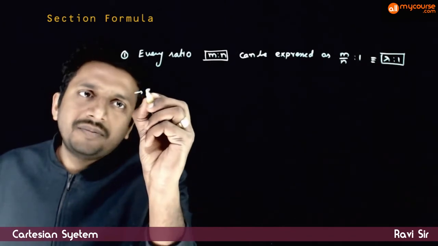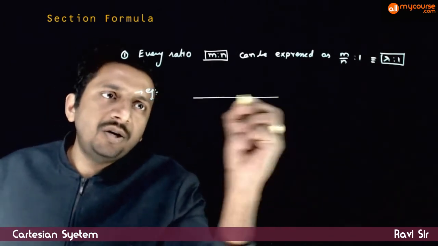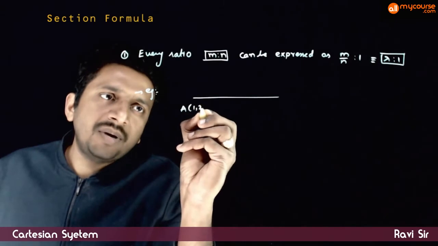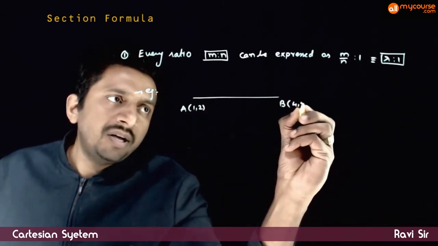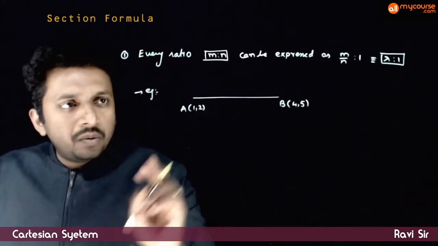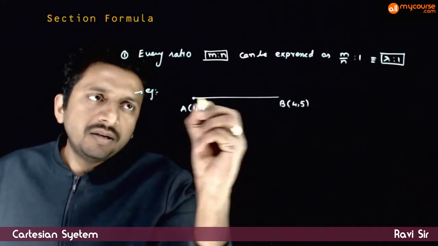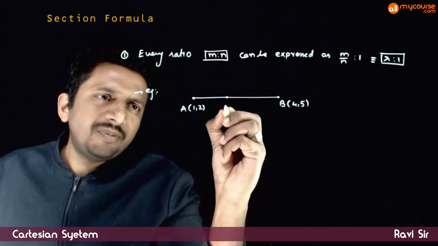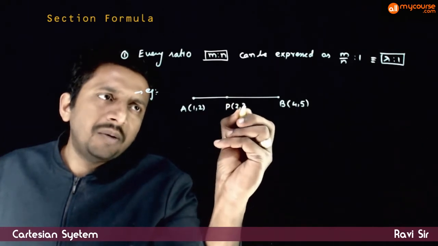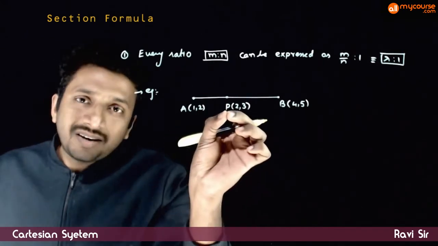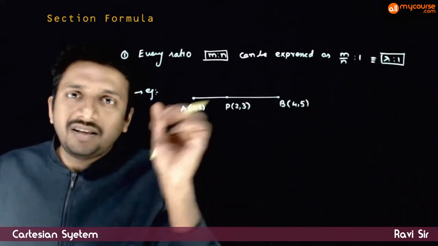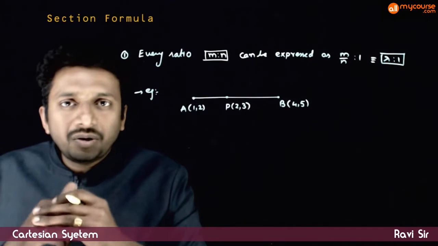For example, assume that you are given 2 points A (1, 2) and B (4, 5). Let us say that P is the point (2, 3). Now you are asked to find the ratio in which P divides AB. So how do you get this?